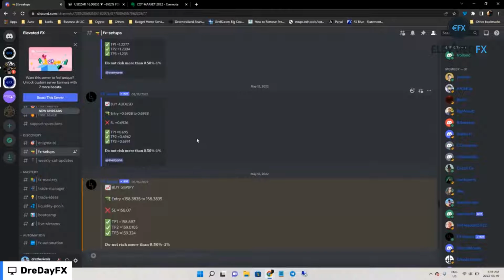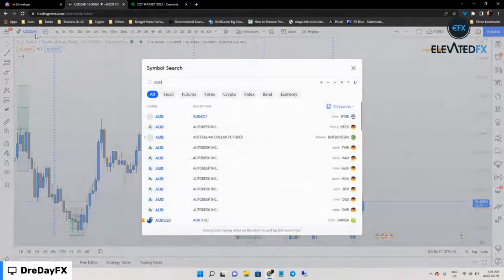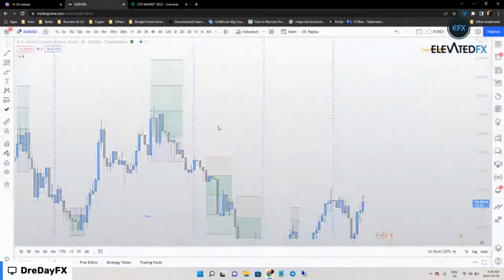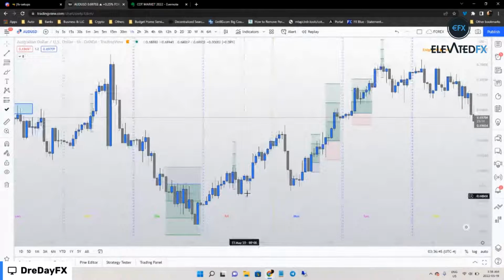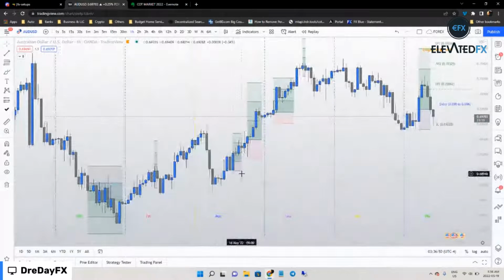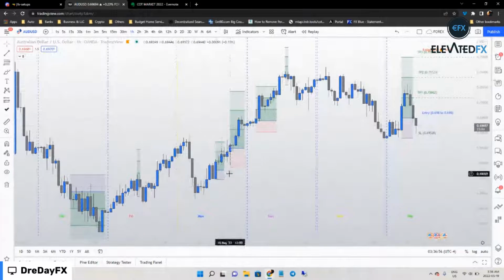Okay, so this one I wouldn't take it, but if we look at the signal setup on the 15th, it says 16th, but basically it's the 15th here, based on the time frame.